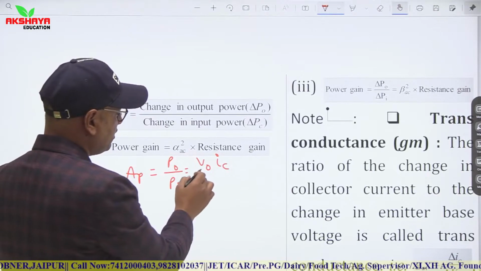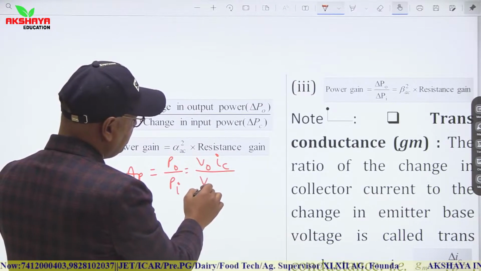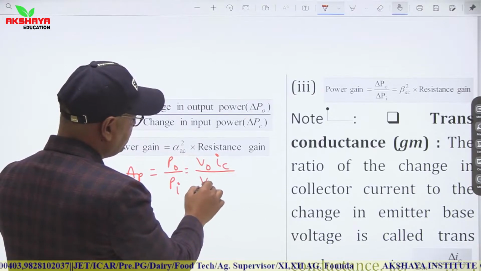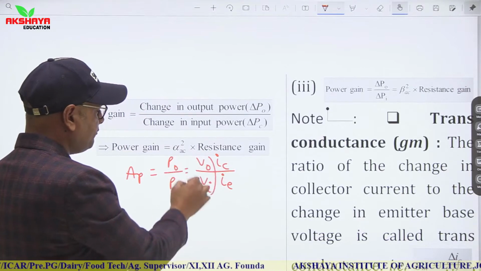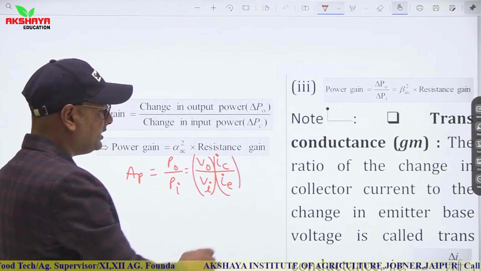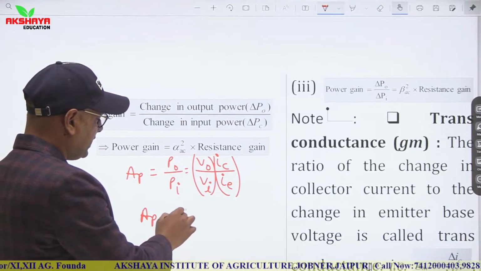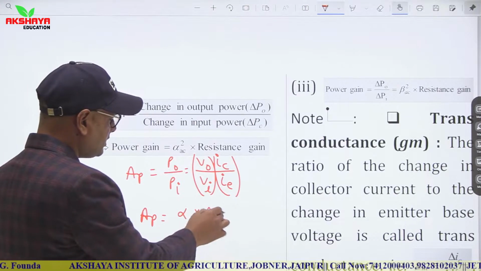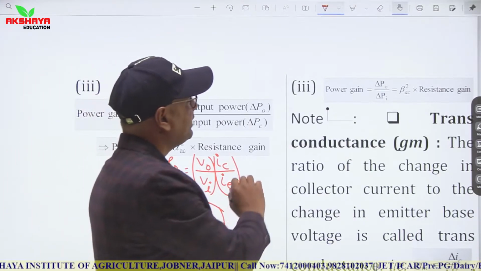So PO is equal to VO IC upon, here we will use VI into IE. So VO upon VI is known as voltage gain, while IC upon IE is known as current gain. So again AP is equal to alpha into AV. So these are the relations which are widely used in numericals of transistor.